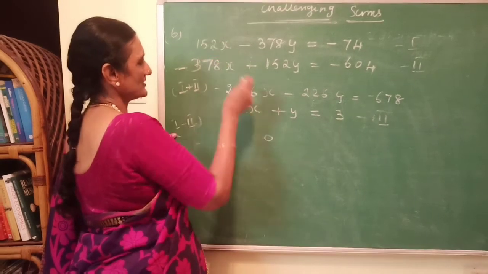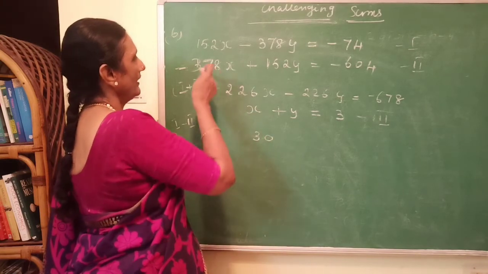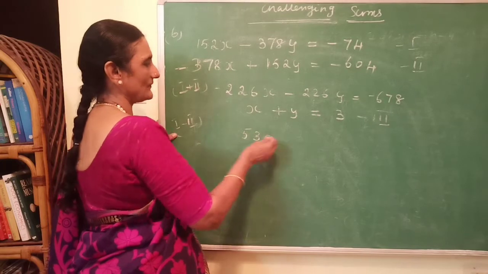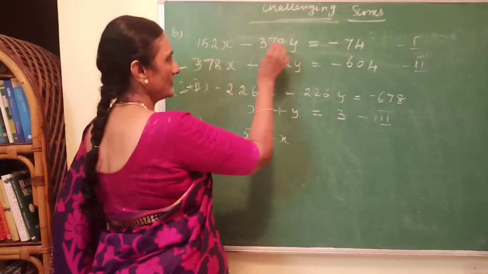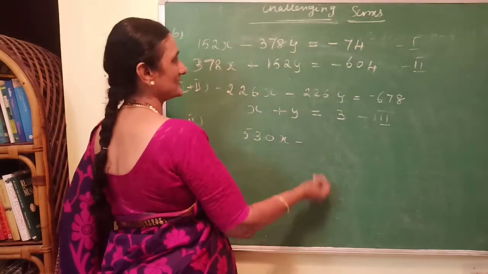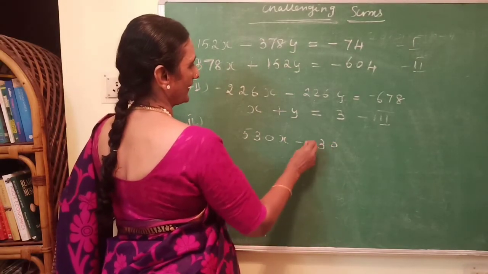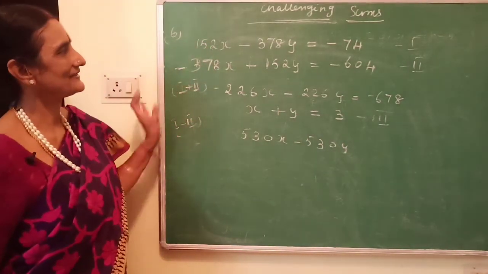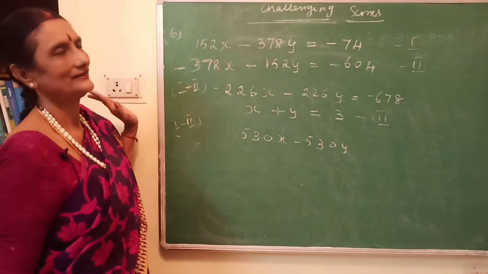So 152 plus 378 is 530, and it is obviously positive because we are changing the sign. And similarly, if you add both, you will get a negative sign here. So again the same 530y will come. Are you getting it? Just once again you try adding that and then check for your answers.